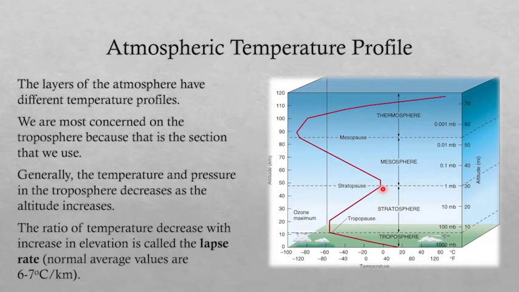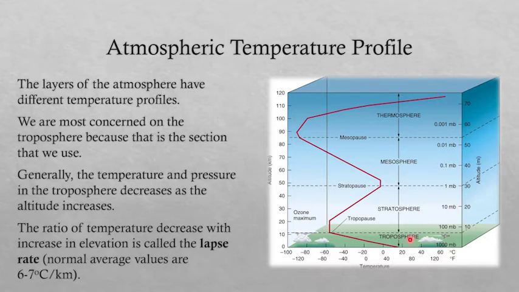That is until we reach the stratopause, wherein there is another region of constant temperature, and then the mesosphere also displays the same temperature profile as the troposphere. That is, as the altitude increases, the temperature decreases. And for the thermosphere, as the altitude further increases, the temperature generally increases. That is because this is already in the vicinity of outer space.